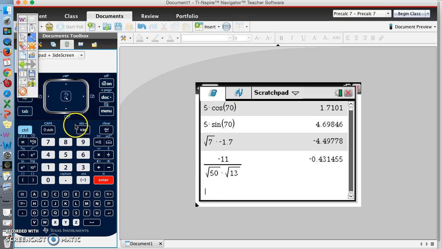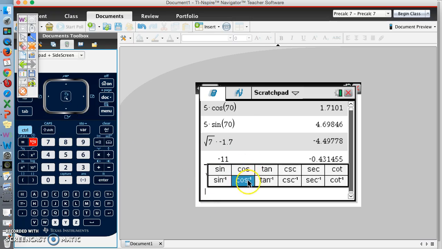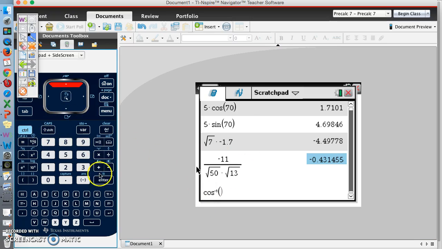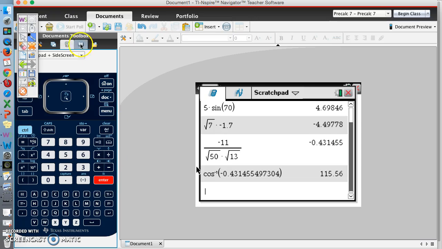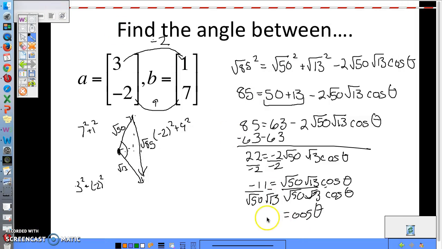All right, and then we have to do that inverse cosine because we're finding our angle. So we end up with our angle being 115 degrees. Because again, we always do that inverse to find our angle.